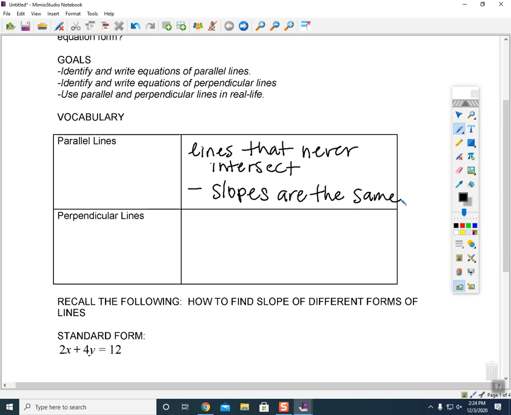Perpendicular lines, on the other hand, are lines that do intersect at a 90-degree angle, right? They intersect at a right angle.